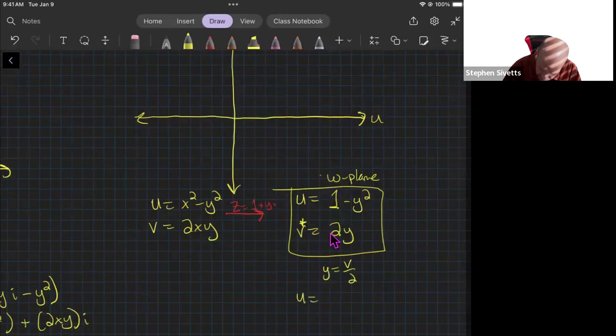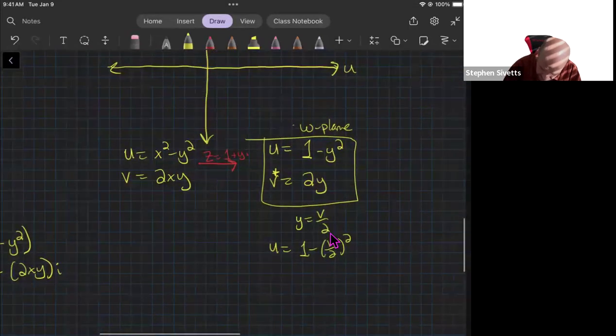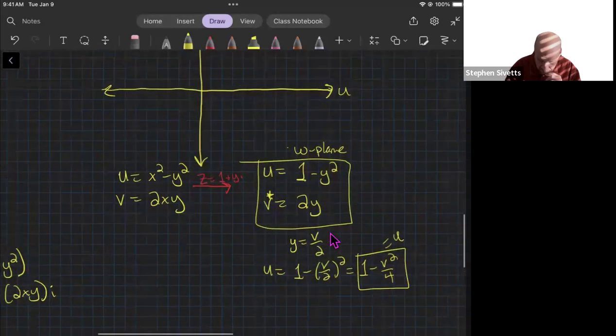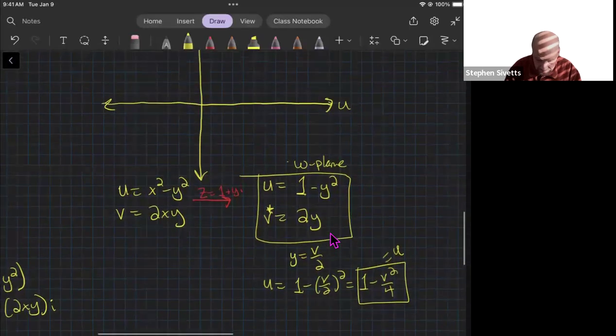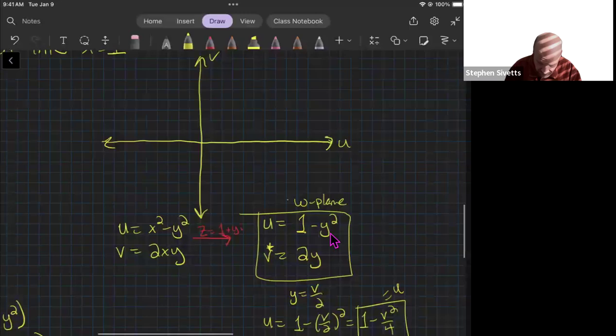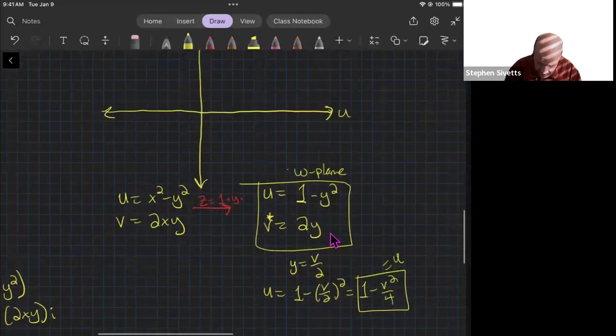So u is equal to 1 minus v over 2 squared, which is equal to 1 minus v squared over 4. And what that looks like is a parabola, right? But it's opening towards the u direction, okay?